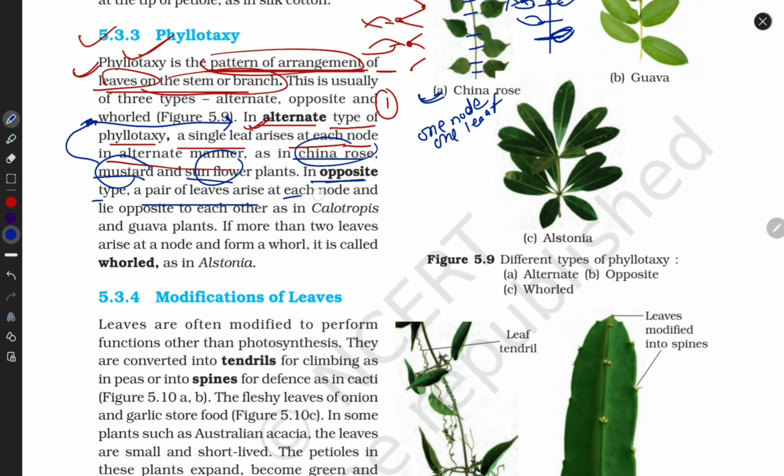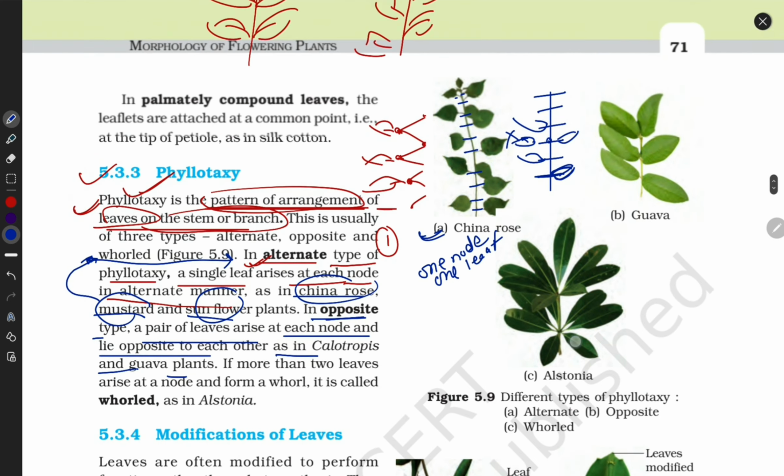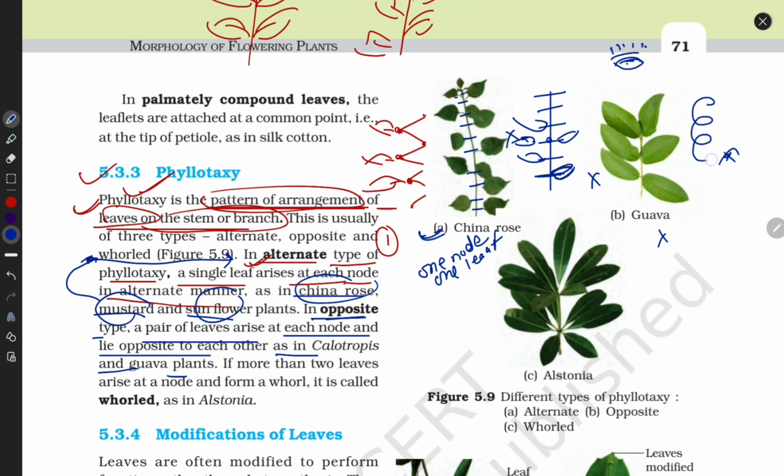Now next is opposite type. A pair of leaves arise at each node and lie opposite to each other, as in calotropis and guava. Guys, if we watch from the top view, not bottom, top view, then they look like a spiral. Opposite manner, spiral form. One leaf is showing here and one is here. Not alternate.